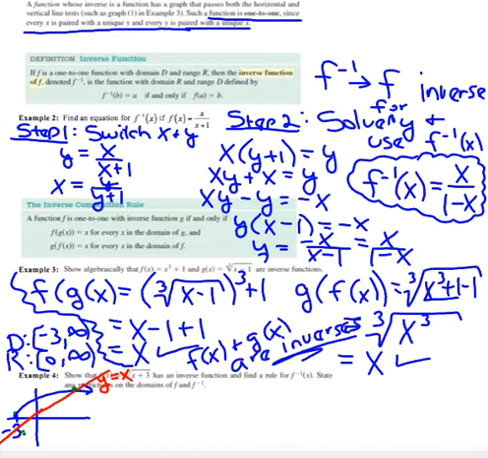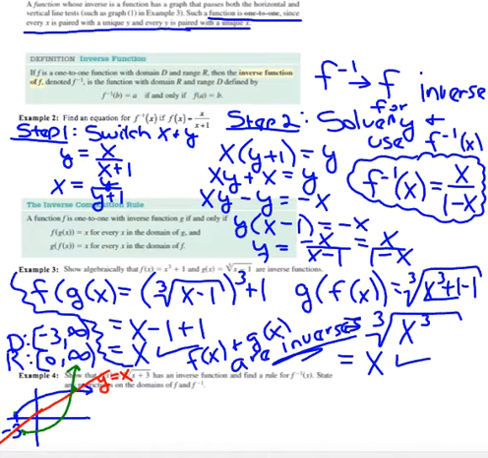The green curve is the inverse, where the blue curve is the original function.